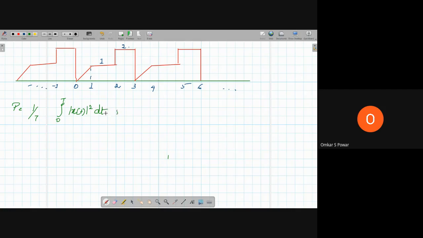Now we want to find the value of x of t. From 0 to 1 we will do afterwards. From 1 to 2 we will write it directly because its value is constant 1. From 2 to 3, you see the graph here, 1 to 2 it's 1, from 2 to 3 it's 2.